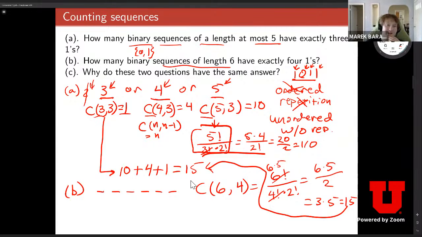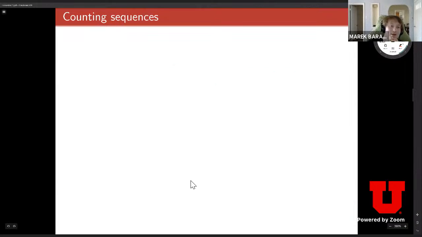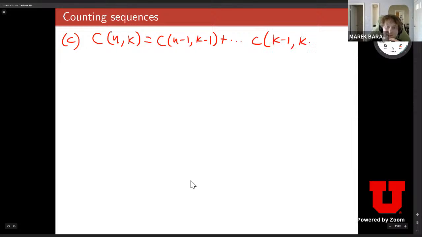So the final question asks, why are these questions the same? In the book, there's a theorem that says choose n, k is equal to choose n minus 1, k minus 1, plus choose n minus 2, k minus 1, and so on, down to k minus 1, k minus 1. So in the previous one, n is 6 and k is 4, so we're doing choose 6, 4.